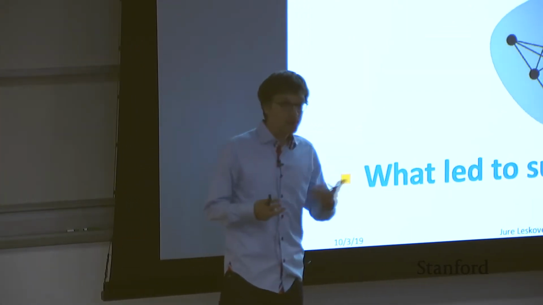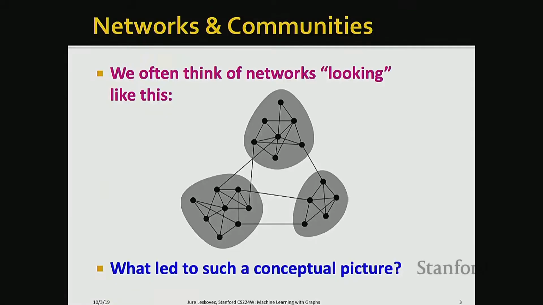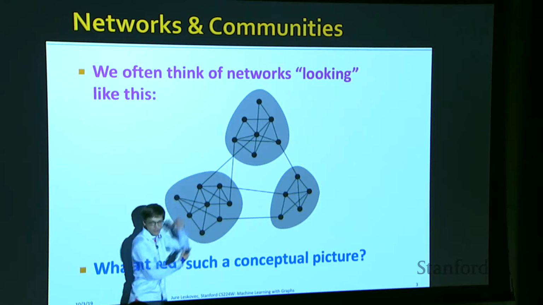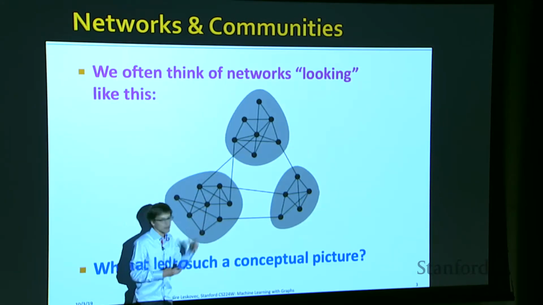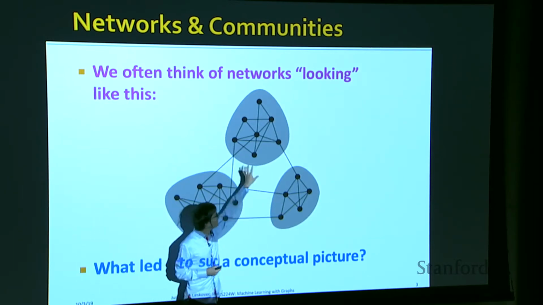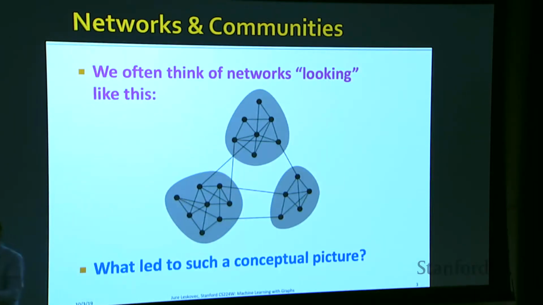Conceptually, here is how we would like to think of networks for today's lecture. We would imagine that, let's say if this is a social network, there is a set of social communities that are more connected with each other than they are connected to the rest of the network. And our goal will be to automatically identify these types of tightly knit communities.